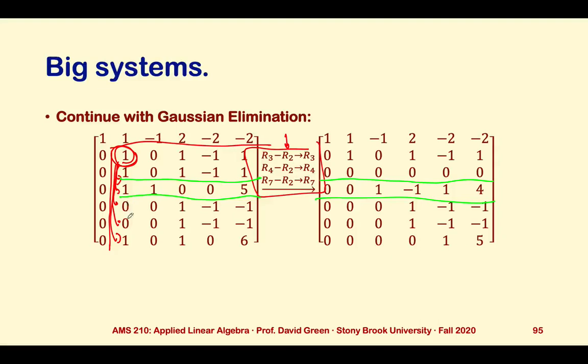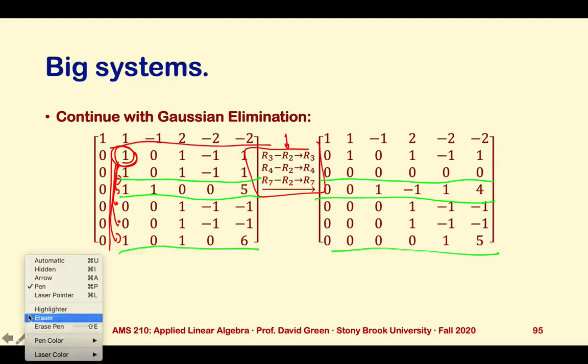We don't need to do anything for rows 5 and 6. We move down to the last row. 1 minus 1 is 0. 0 minus 0 is 0. 1 minus 1 is also 0. So 3 zeros. 0 minus negative 1 is 1. And 6 minus 1 is 5.